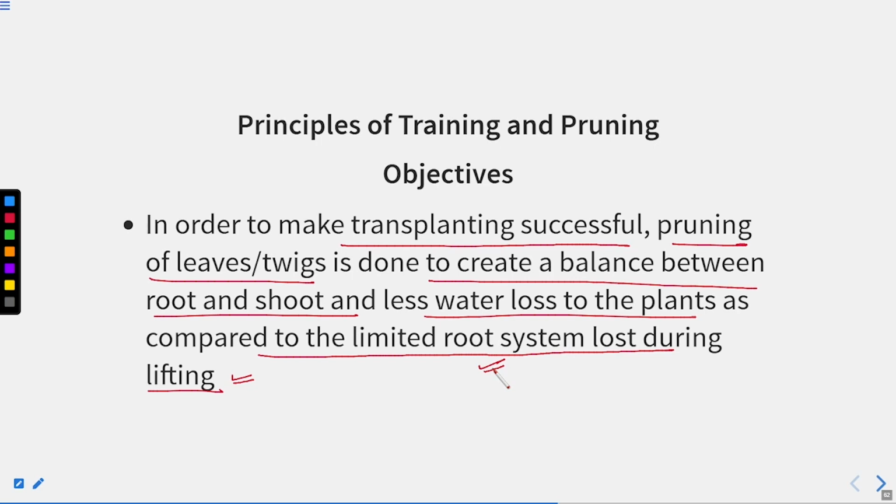So there can be a stress on the plant, water stress, right? So this balance should be there, the proper growth of the root and the proper growth of the shoot, right? So this is also done. The twigs and the leaves can be removed so that the evaporation can be in a balanced form.